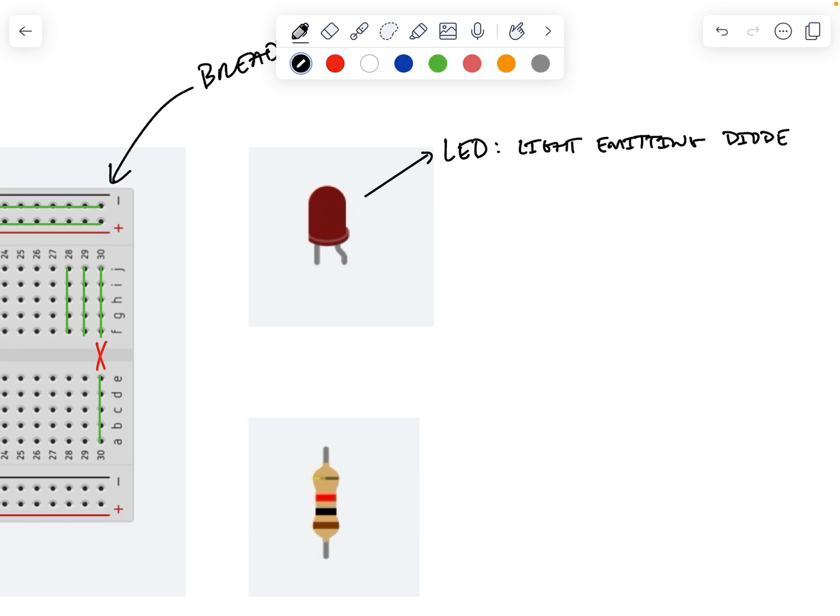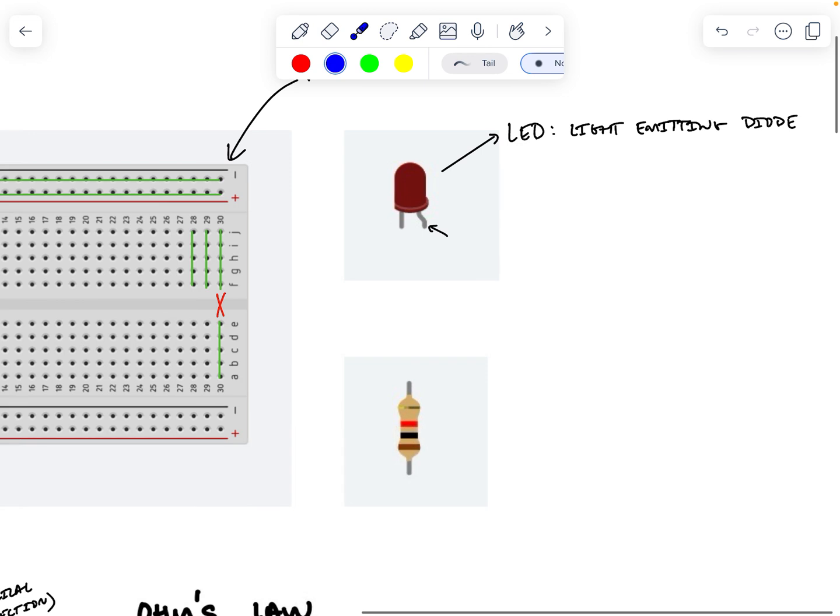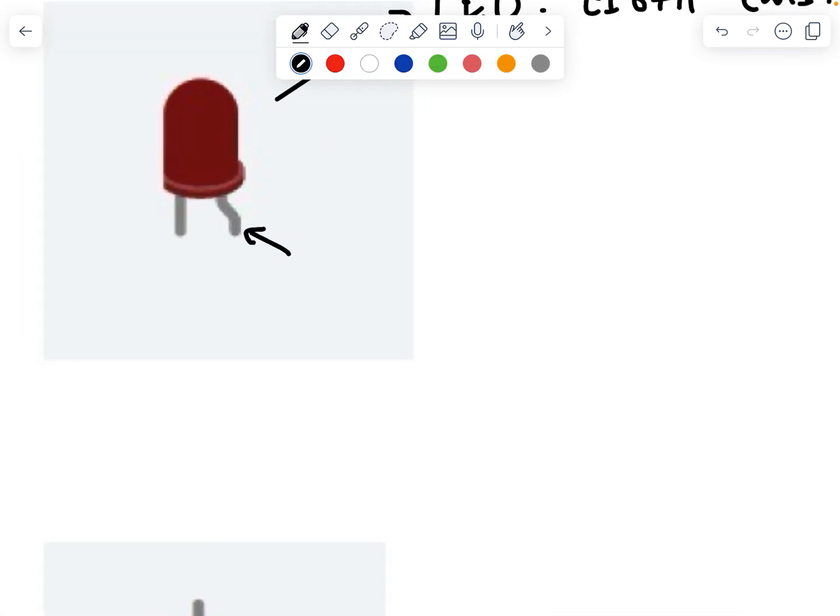So one leg of the LED is a little bit longer than the other leg. Usually we bend the long leg, so when it's inside the breadboard, you can see which leg is which. So one leg of the LED is called the anode.